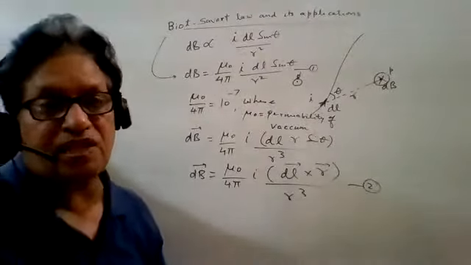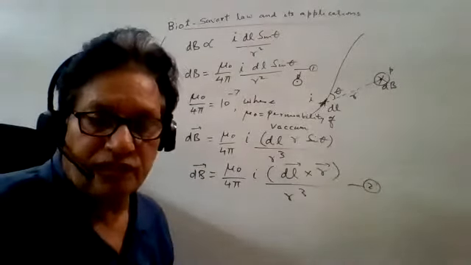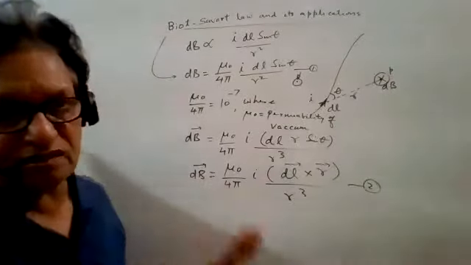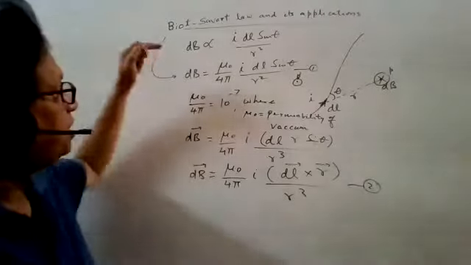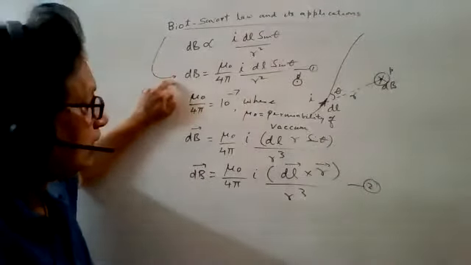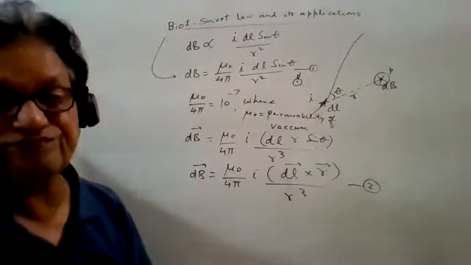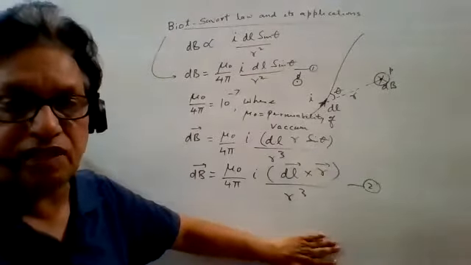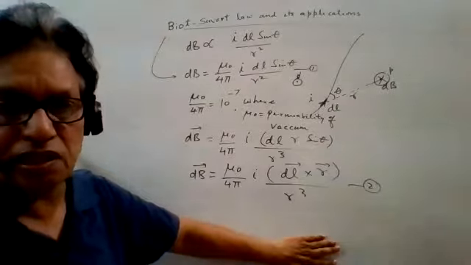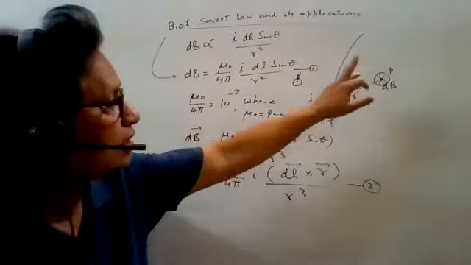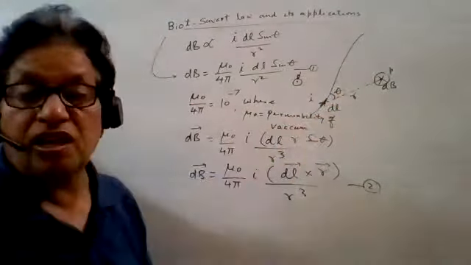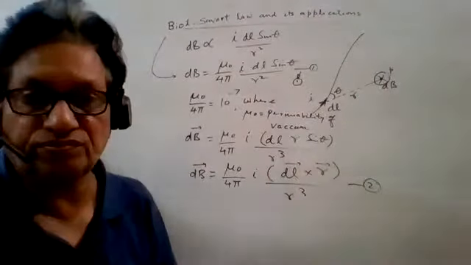Now we'll see the application part of Biot-Savart law. Any doubt here? I think there's nothing here. There is simply the Biot-Savart law, magnitude only, and the same Biot-Savart law in the vector form. We can find out the direction by the right hand screw rule, or alternately by the right hand thumb rule.